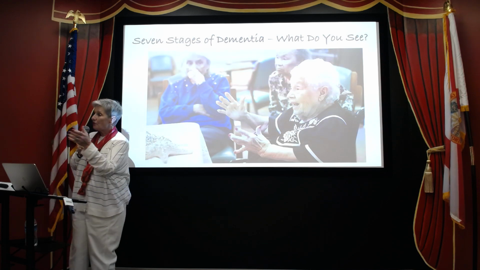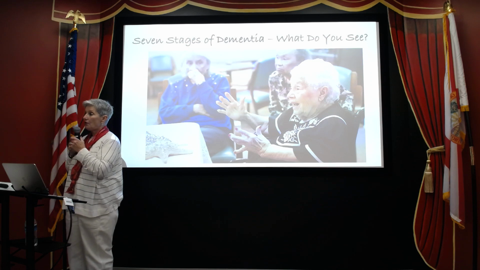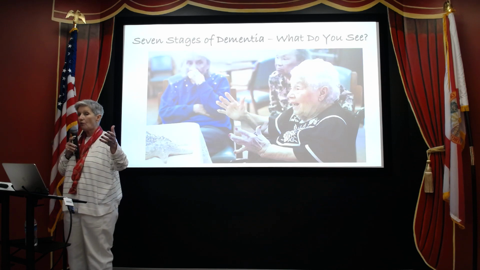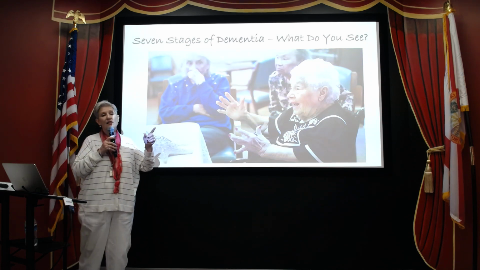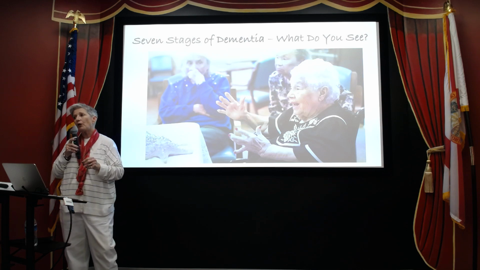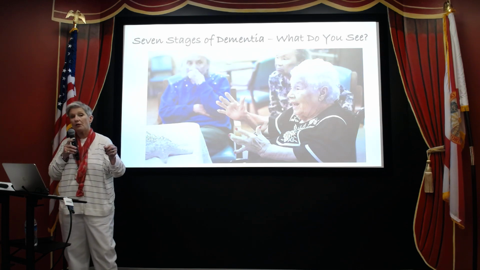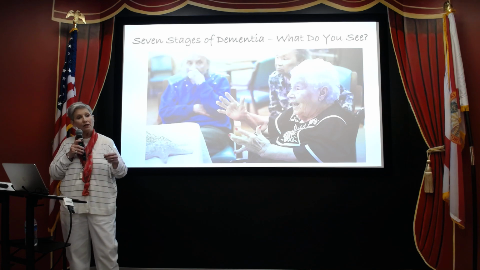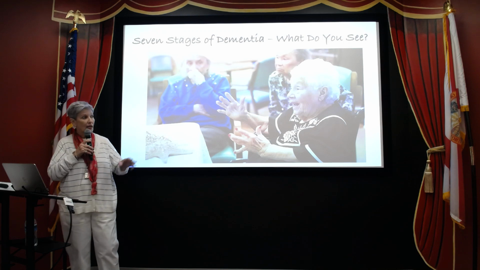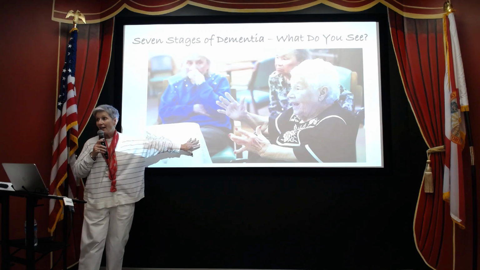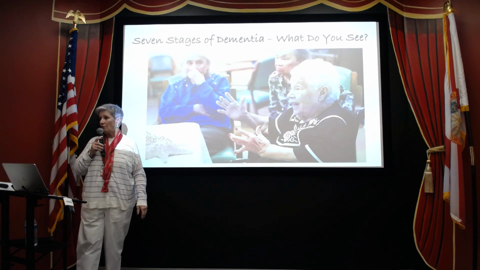And one of the things that you see in memory care communities or where people with dementia are around is that the family says, my person's not ready for memory care. My person doesn't need any special assistance or help because my person doesn't look sick yet. And what they don't realize is people with dementia do not look physically sick until they lose an entire pound of brain tissue.